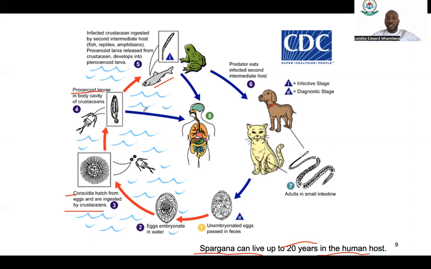You might remember when we were discussing other diseases that are waterborne. If you take contaminated water, the procercoid larva will develop into the plerocercoid stage, and this is when it gets problematic. Alternatively, if the fish gets infected, when they're eaten they can cause this disease in human beings.